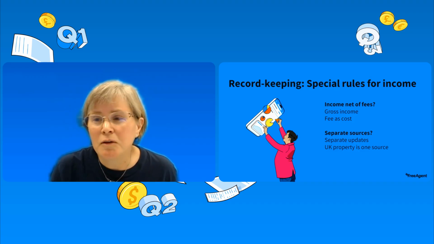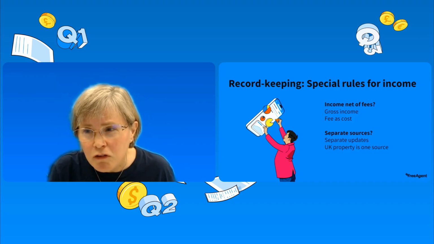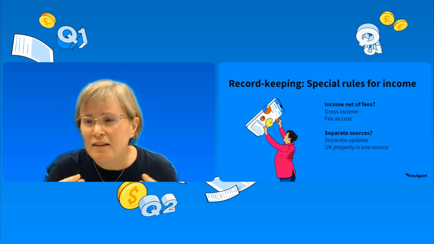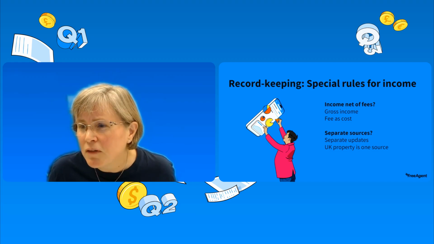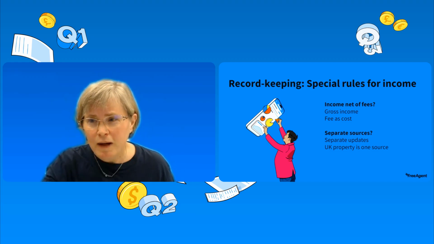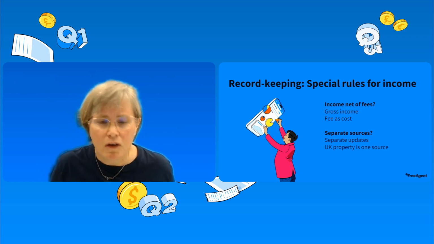What you need to do is record £1,200 worth of income and £200 worth of fee cost. It is not sufficient under HMRC rules to record £1,000 worth of income. It's got to be £1,200 of income less £200 of costs.